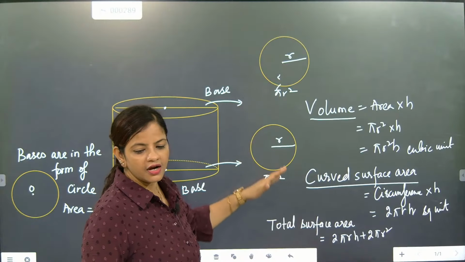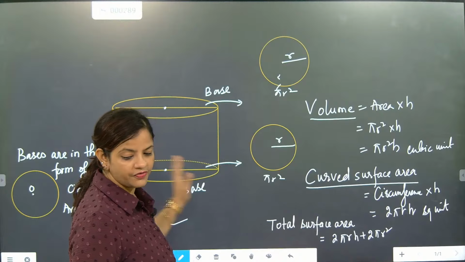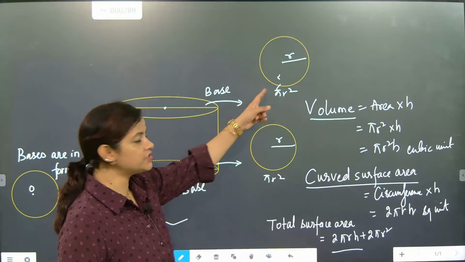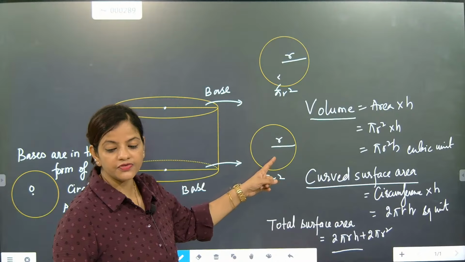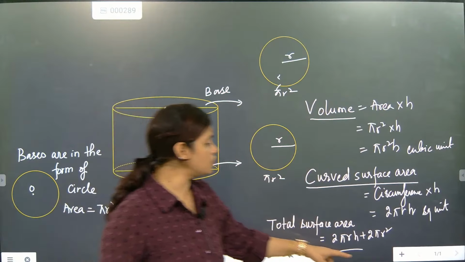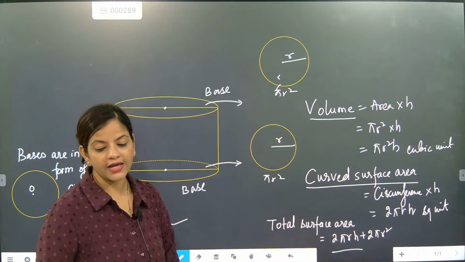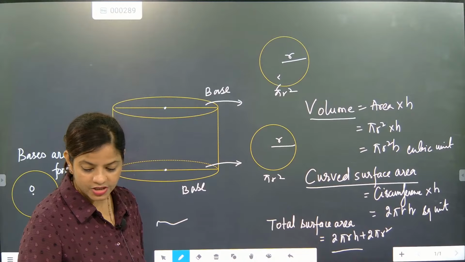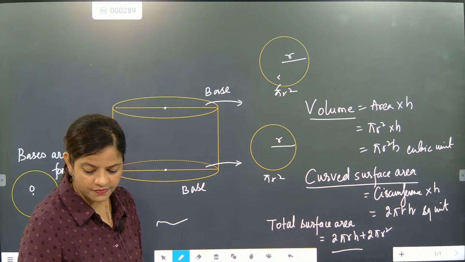Curved surface area is 2πrh. Area of a circle is πr². So in total it is coming as 2πrh plus 2πr². I hope you might have understood this one.